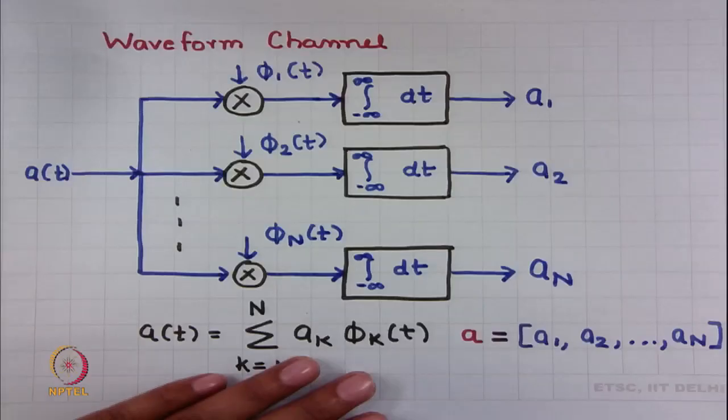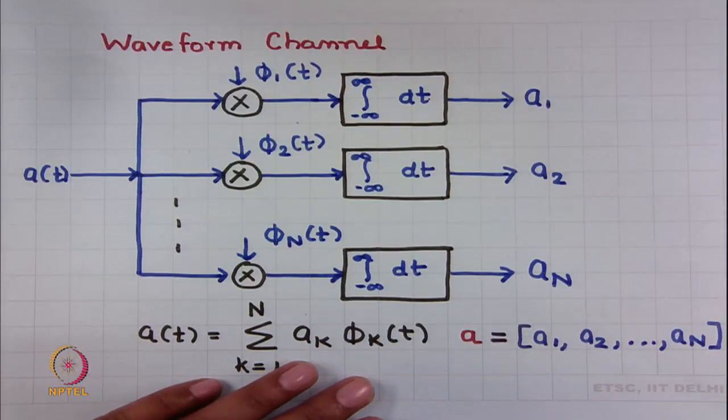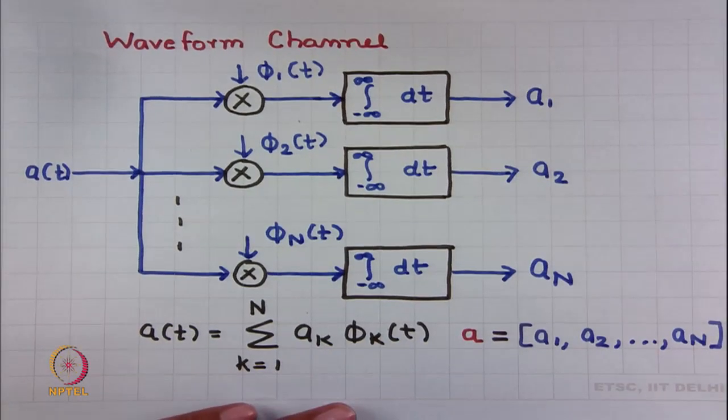Now, after having understood this theorem of irrelevance, we can safely move to the waveform channel, because we will require this theorem of irrelevance to understand it. Okay. So, here we have this waveform channel, and this picture we have seen before as well. I am trying to revise these things.